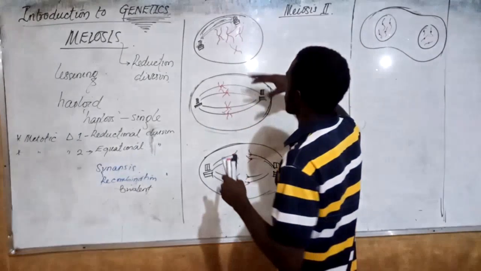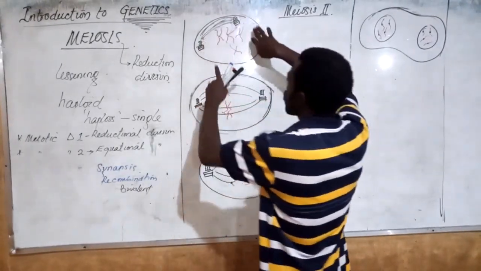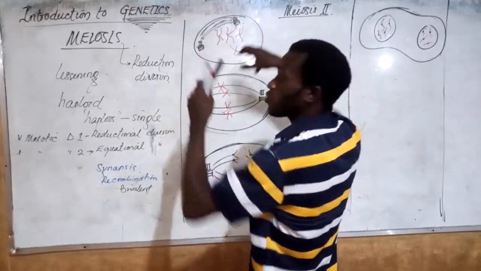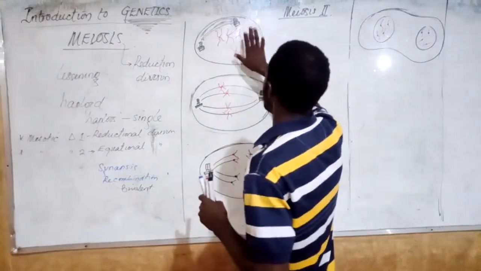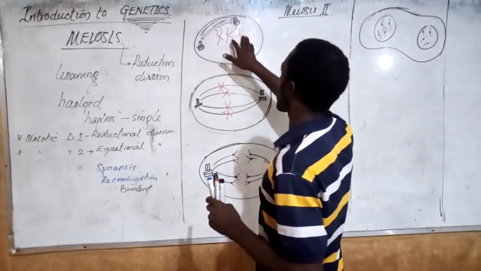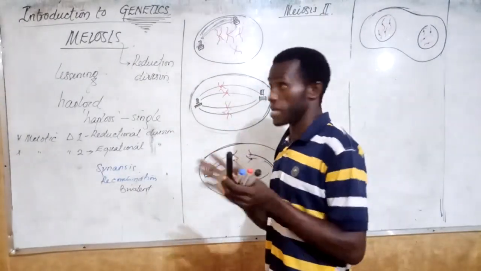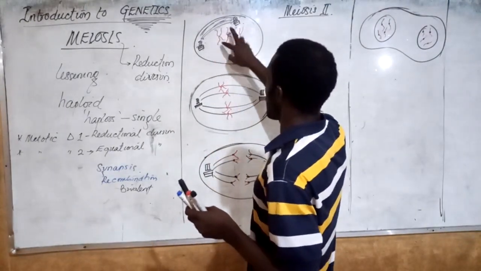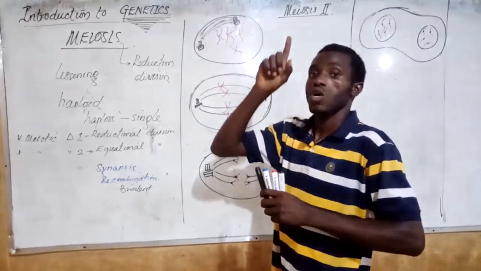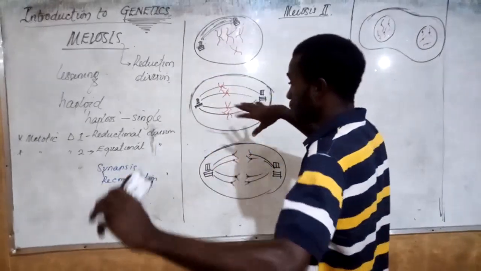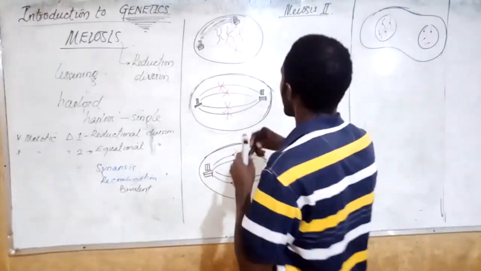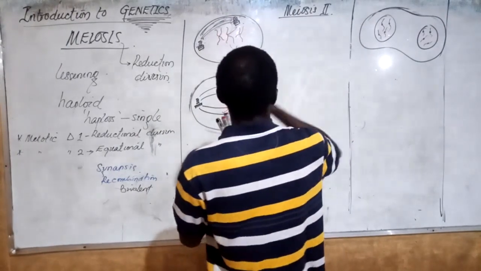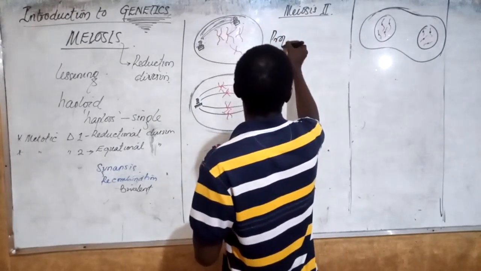The only thing that happens again is that the centrioles begin to move again to the opposite poles here, and the homologous chromosomes are already paired here. You see that there are chromosomes here. Those are the non-sister chromosomes that are actually separated in meiosis 1. Now they are here, and that is prophase 2.